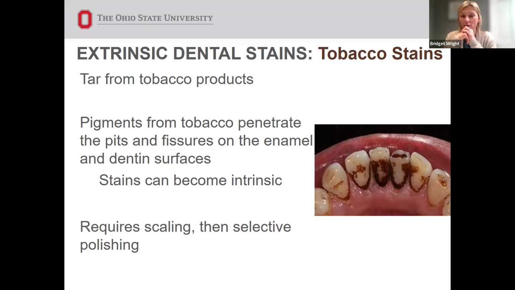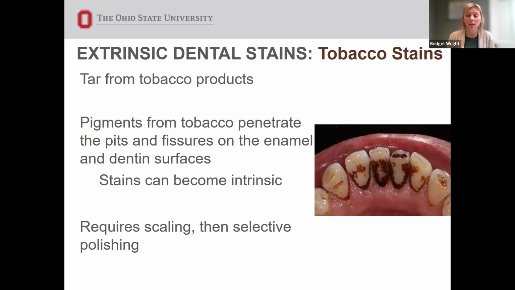All of those little bits of tar just fill in the pits and fissures and any little enamel pieces that might be missing within the surface. Typically they're extrinsic stain, but if they are left there for an extended period of time, they can leach into the enamel and become intrinsic.